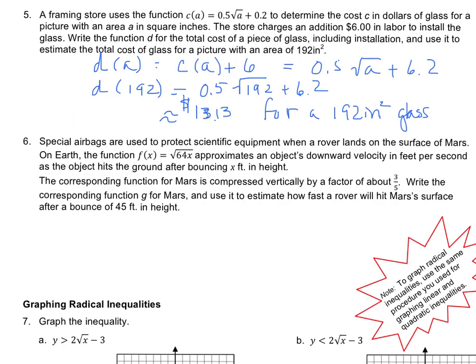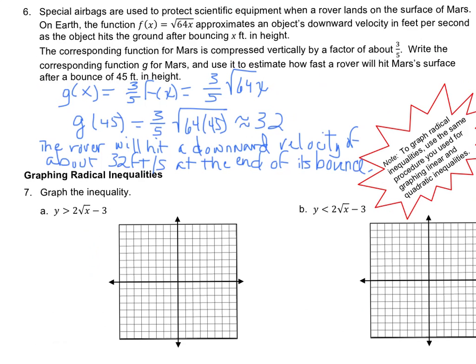Okay, I'd like you to look at number 6 and try to set that up, and pause this while you do that, and then we'll take a look at the solution. When we look at number 6, we can see that g of x is 3/5 times f of x because they tell us that we have a vertical compression of 3/5, and that will be times f of x, which is the square root of 64 times x.